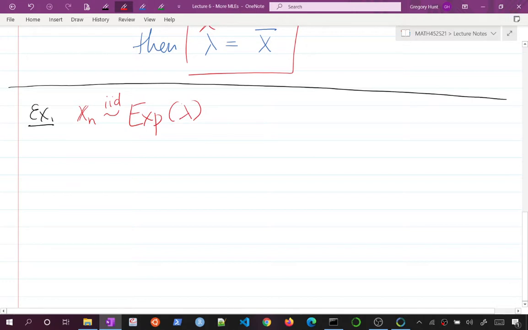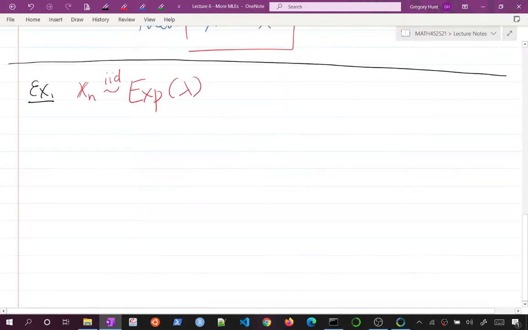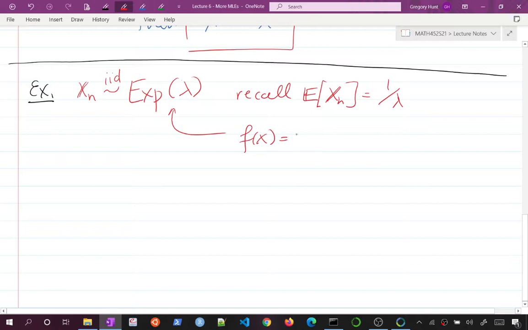Lambda is not the mean here. It's actually the reciprocal of the mean. So recall that the expected value of an exponential is 1 over lambda. So my exponential distribution has a PDF of lambda e to the negative lambda x, for x positive.